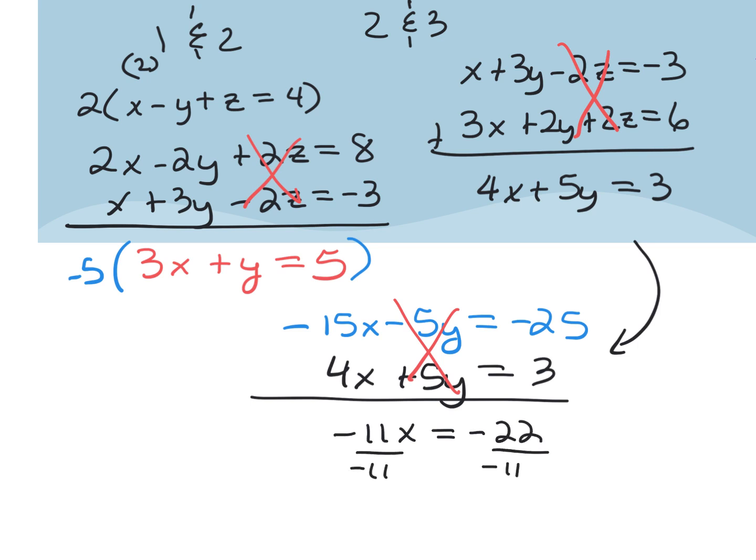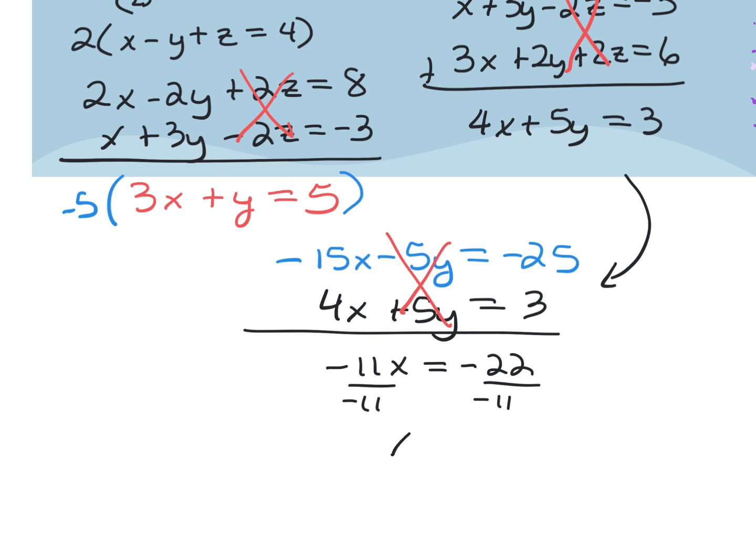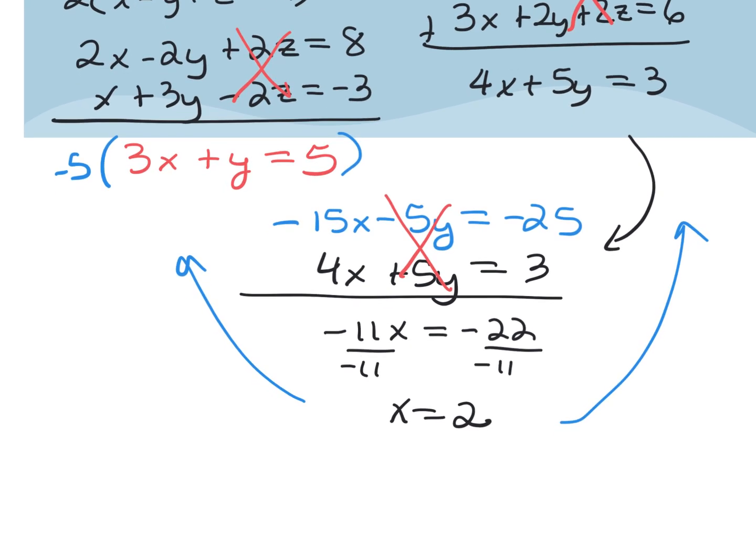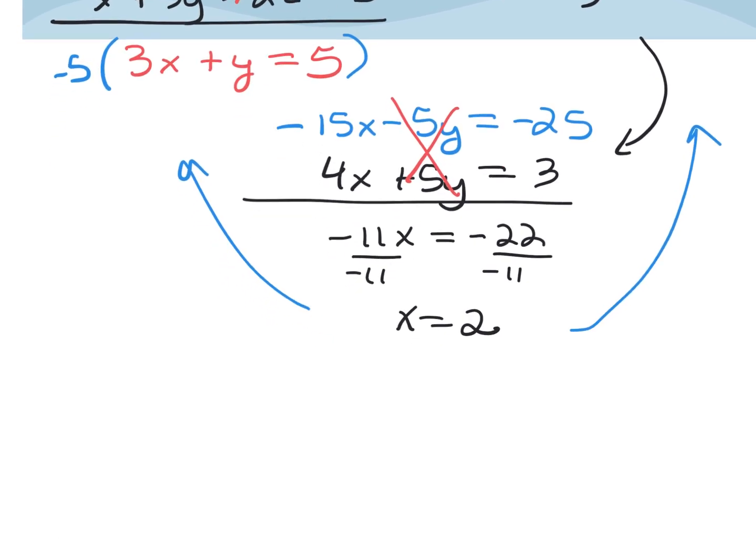Divide by -11. x equals 2. Remember, now we work back upward. So I'm going to plug it into either the left or the right. You choose. I'm going to plug it into the left side.